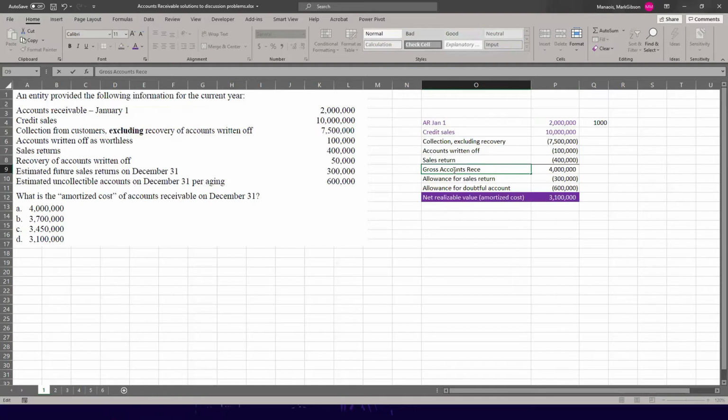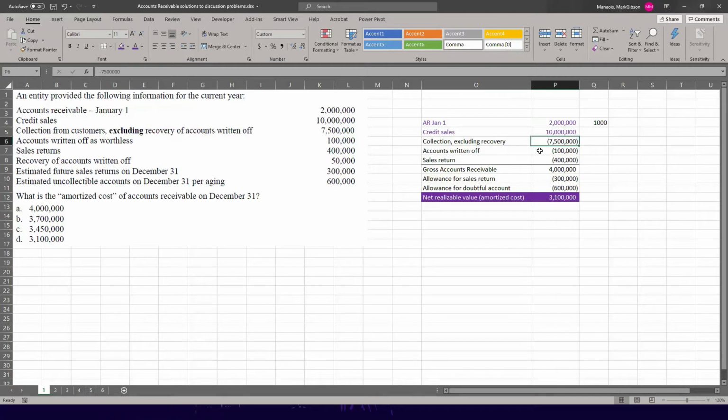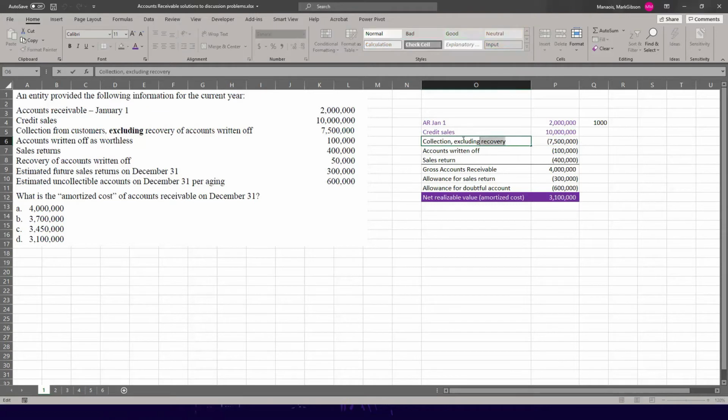And based on the information provided, ito yung mga items to calculate for the gross accounts receivable. So collection, sabi dito, excluding recovery. So that's 7.5 million. So remember class, the reason why, kung halimbawa hindi nilagay dito na excluding recovery, there's a chance that we have to deduct it.